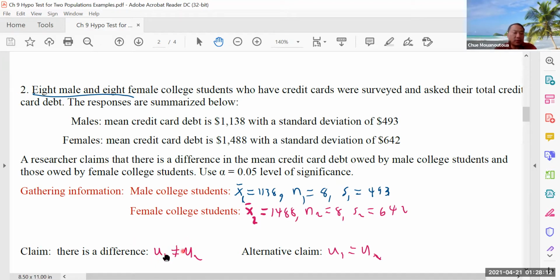If the claim is not true, which I call the alternative claim, then mu1 must be equal to mu2. Remember, mu1 represents the mean credit card debt by male college students, and mu2 represents the average credit card debt by female college students.